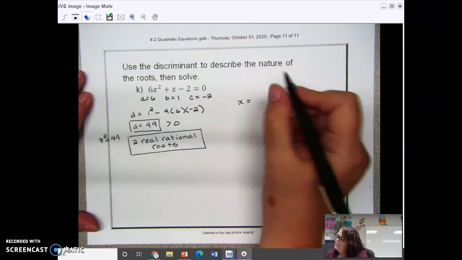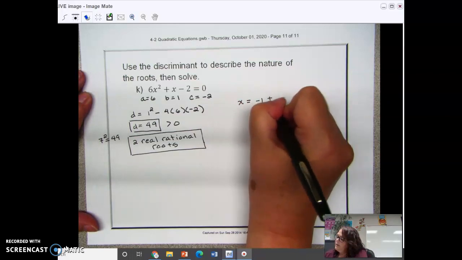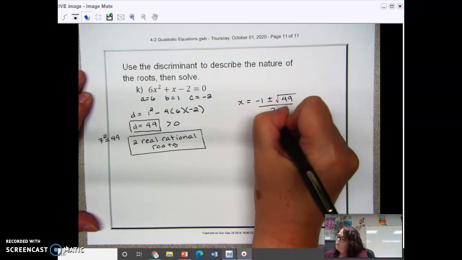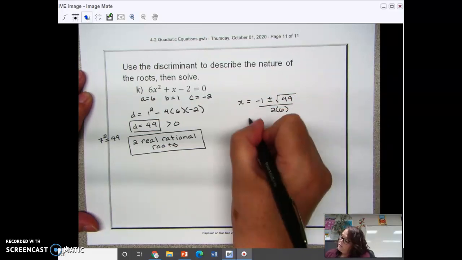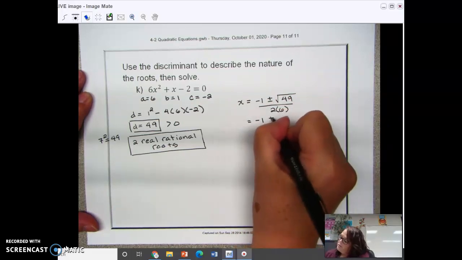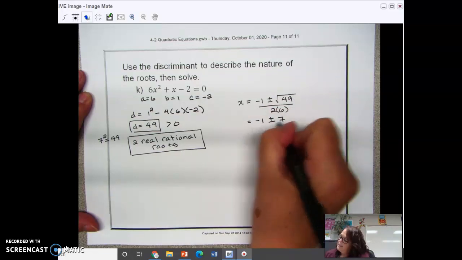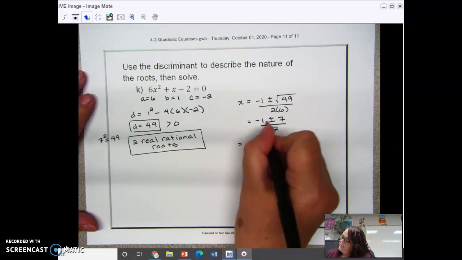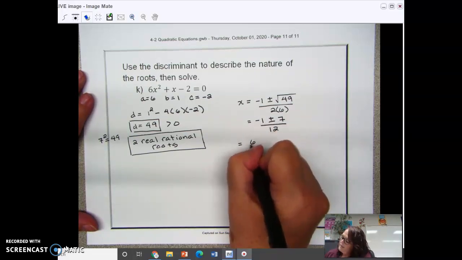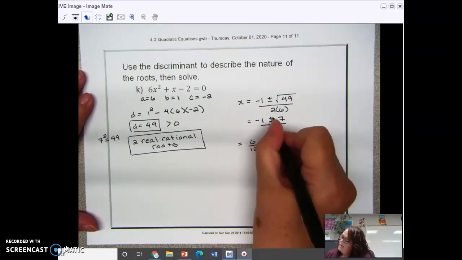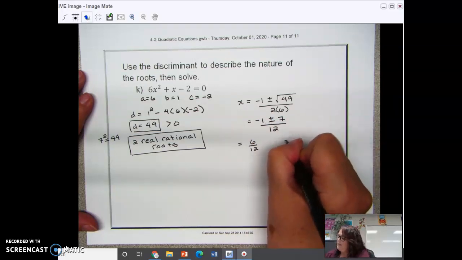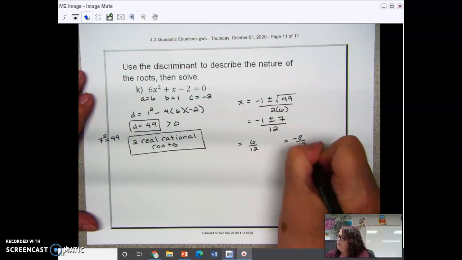So we're going to get x is equal to -b plus or minus the square root of the discriminant all over 2a. So we're going to get -1 plus or minus, and the square root of 49 is 7, all over 12. So -1 plus 7 is going to give me positive 6, and -1 minus 7, meaning -1 plus -7, is going to give me -8 over 12.